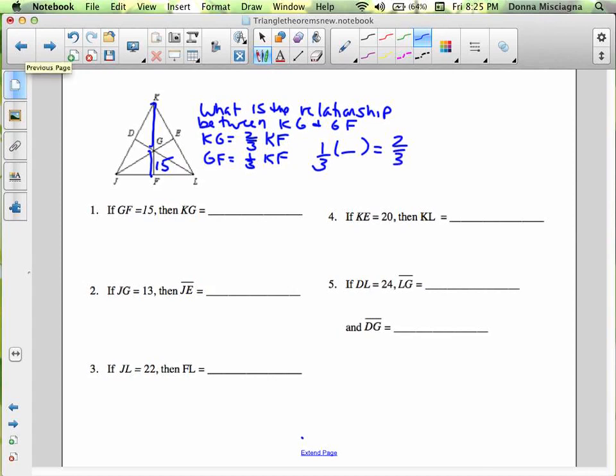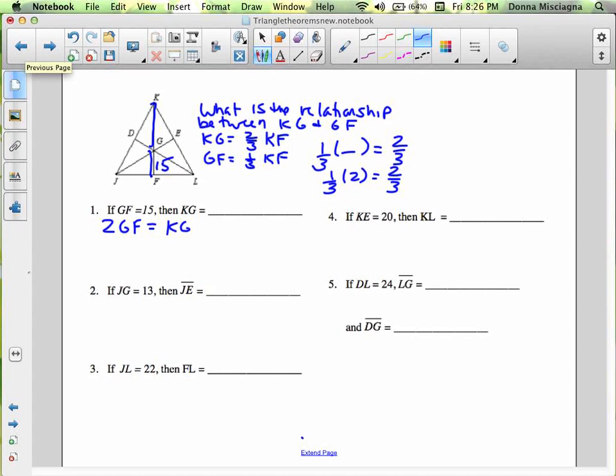Hopefully you said 1/3 times 2 equals 2/3. And that means that it takes 2 GFs to equal 1 KG.